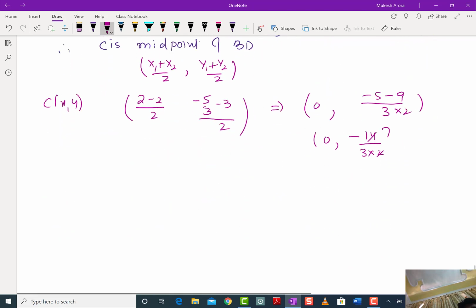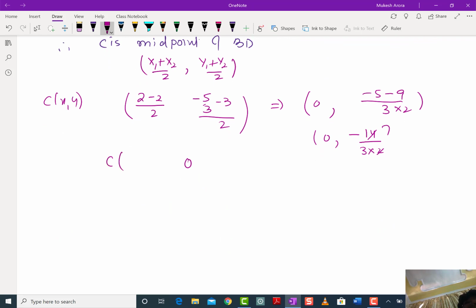So the C coordinate will be C x y is equal to 0 and minus 7 by 2. So we have the coordinates of B and C, and if it is divided into 4 parts, then you will use the midpoint.